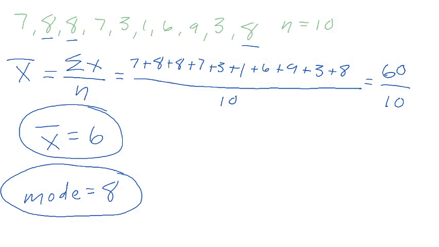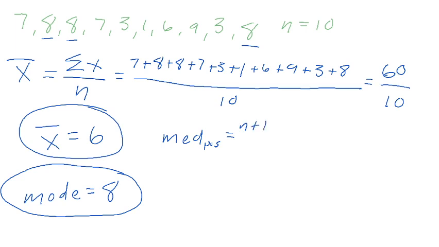For the median, we want to take n plus 1 divided by 2. Before I get going, this is how I like to write this out for myself. I like to say, okay, I'm going to get the median position. So I write in subscript that I'm going to find the median position.